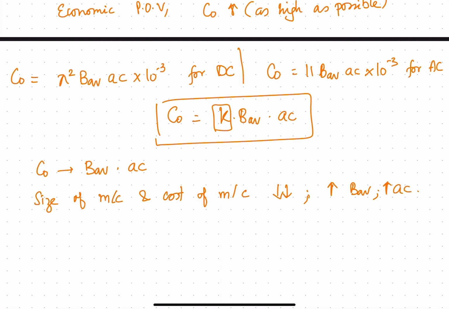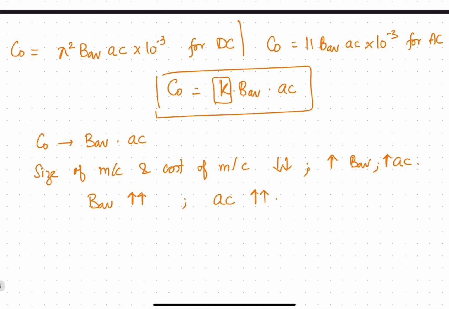From an economic point of view, it is desirable to have these BAV and AC, that is the specific magnetic loading and the specific electric loading, as high as possible.